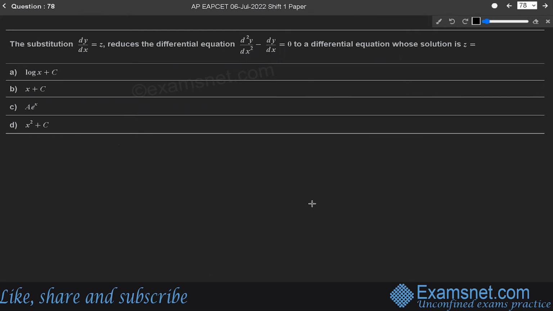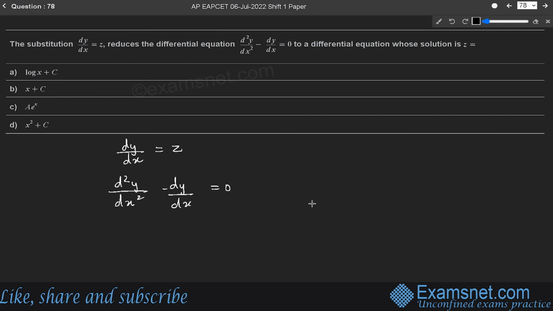Next question is the substitution dy by dx is equal to z reduces the differential equation d square y upon dx square minus dy by dx is equal to 0 to a differential equation whose solution is z is equal to.